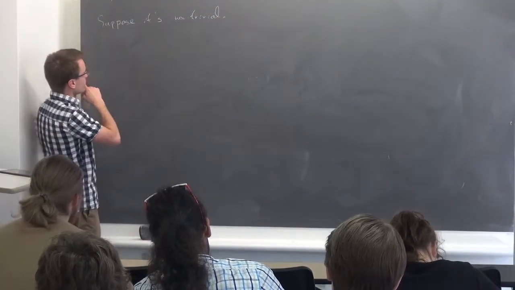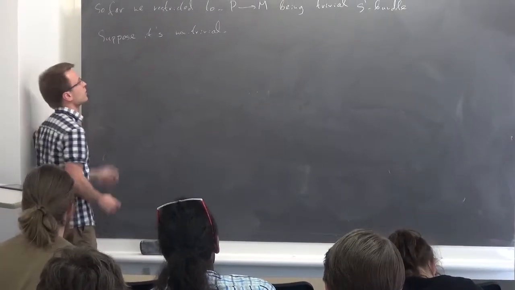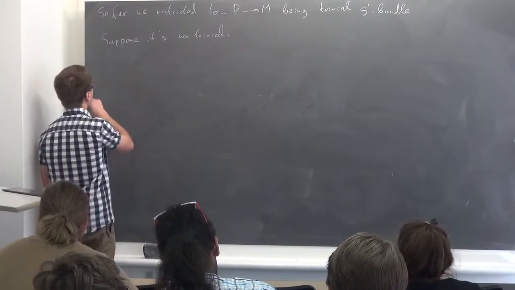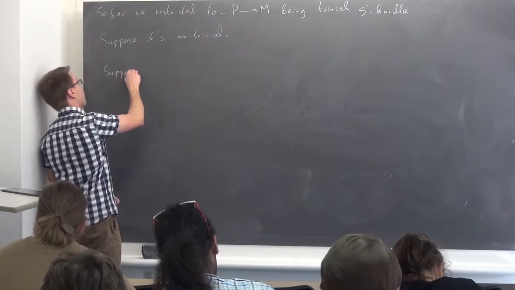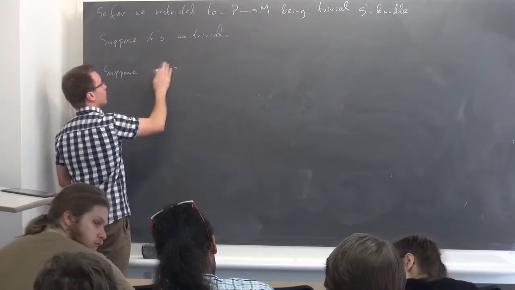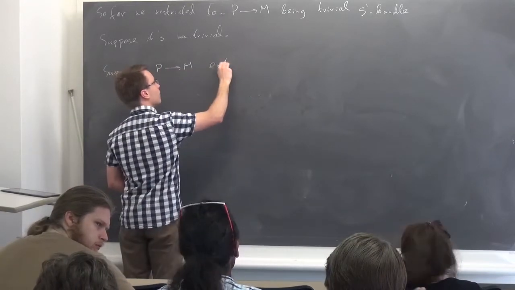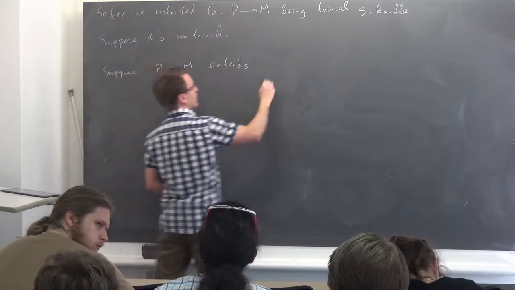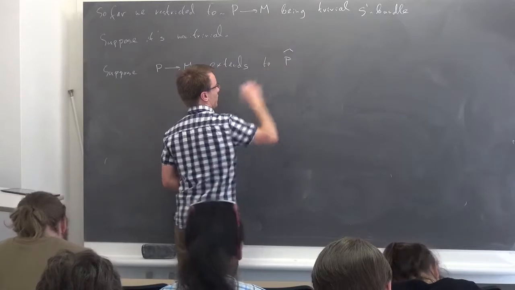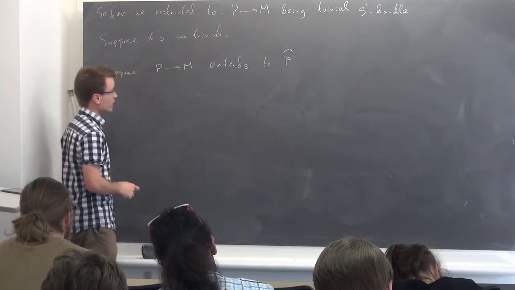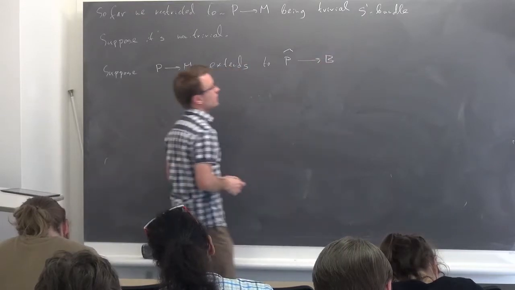Okay, so here's a way to define it, and it's very similar to this discussion of Wess-Zumino terms we had a few weeks ago. So suppose that this principal bundle extends to another principal bundle, which I call P hat, over some 4 manifold.